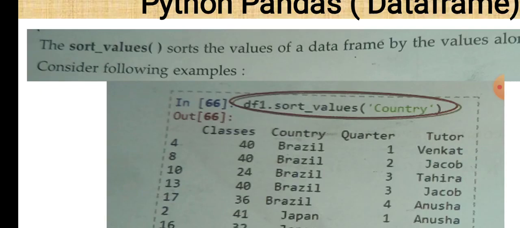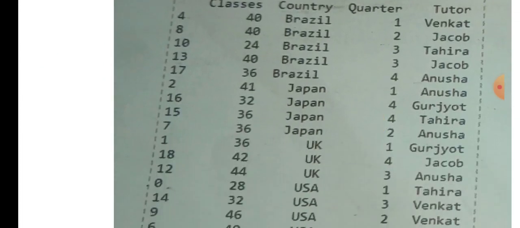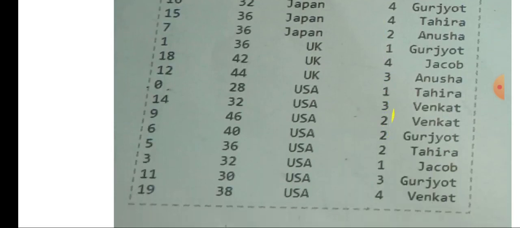According to the country, data will be sorted, and by default, as we know, data will be sorted in ascending order. As we can see here, we find the data in ascending order. First of all, Brazil is there, then Japan, then UK, and then USA is at the last position.